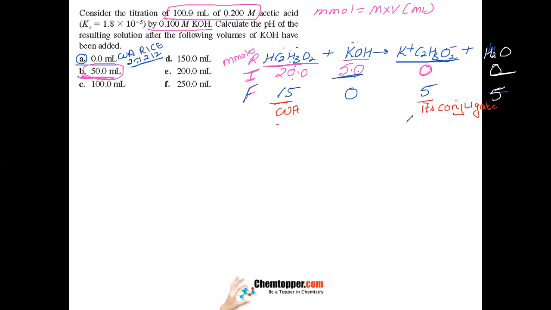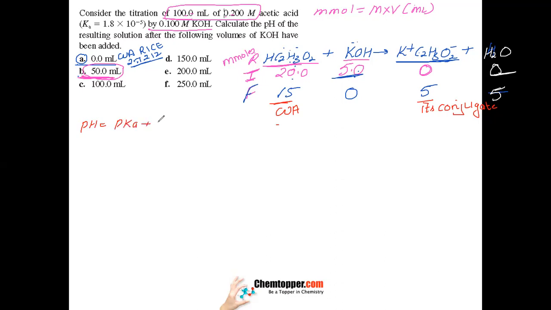A buffer. How to determine the pH? Now the buffer is made, because there is no strong base. Strong base is 0. So the solution is just a weak acid with its conjugate. So it's a buffer. For the buffer, you can use the Henderson equation to know the pH. Don't make an ICE table.